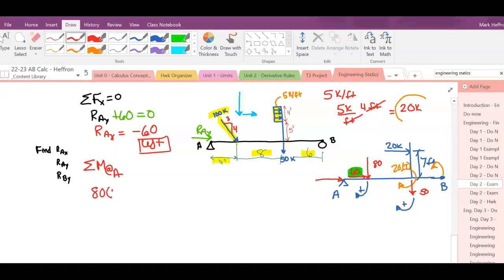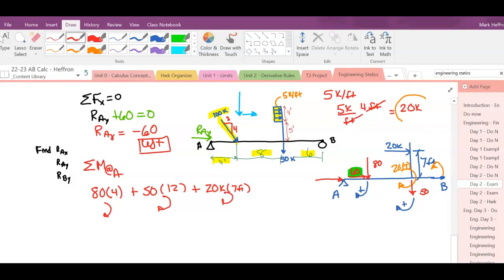80 times 4 clockwise plus 50 times 8 plus 4 is 12, also clockwise. And then we've got that 20 is the force, 7 is the distance.